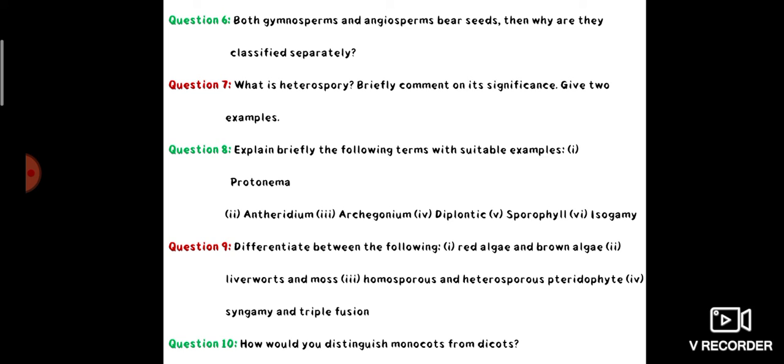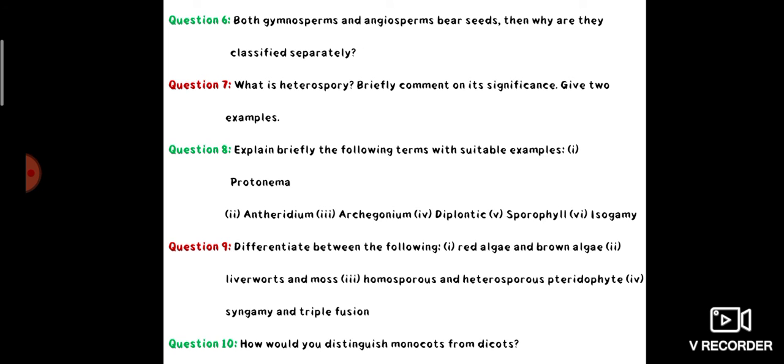It is considered a crucial step in evolution as it is a precursor to the seed habit. Examples are gymnosperms and angiosperms.